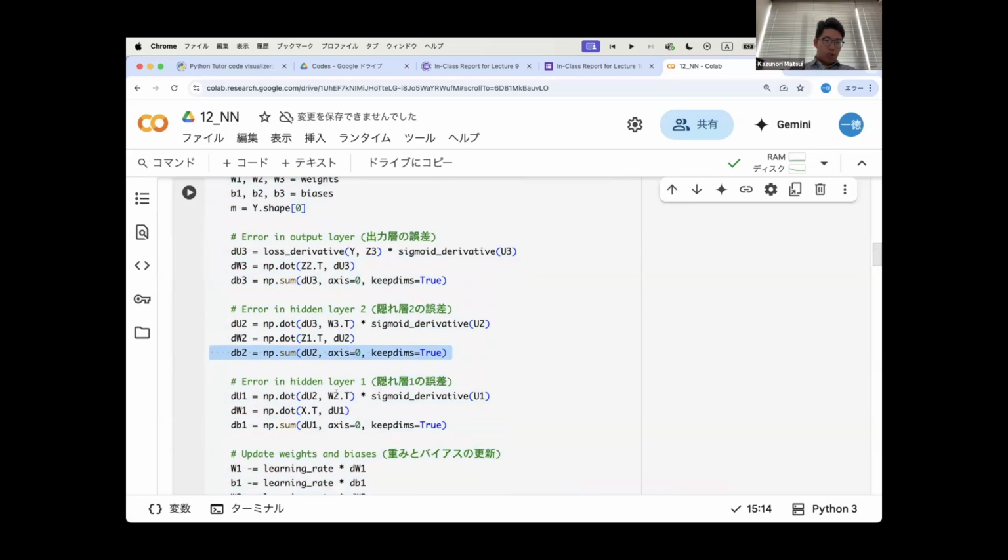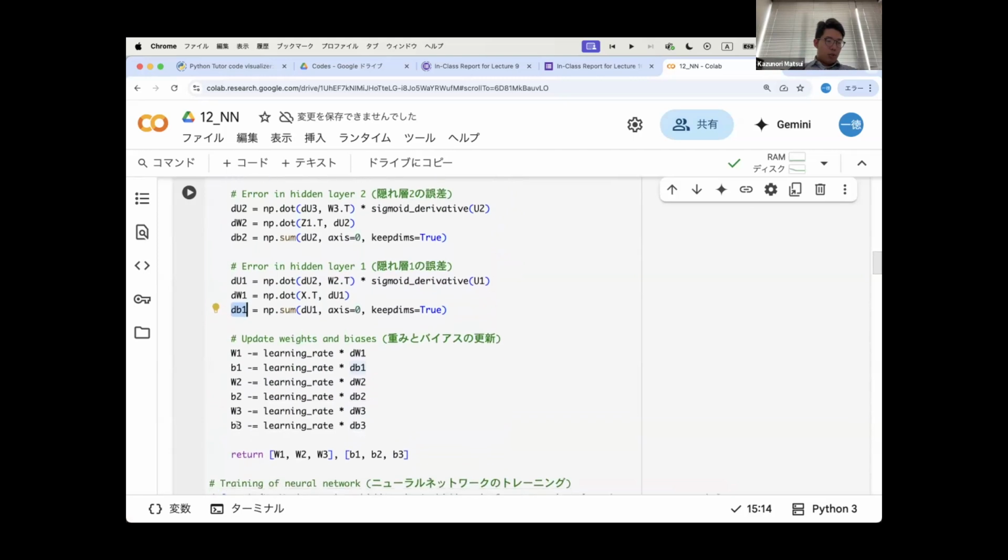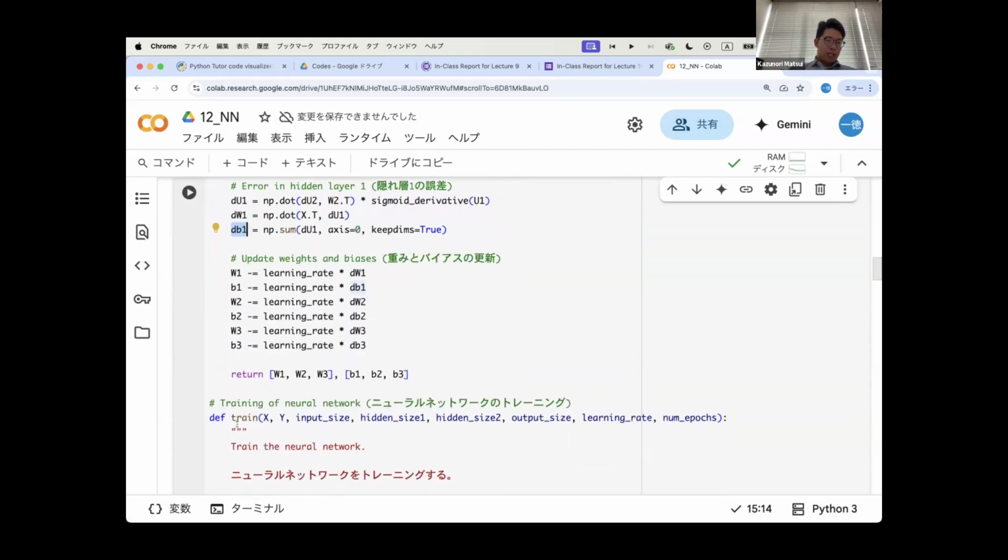Finally, we calculate du1, which corresponds to delta 1, and using this, we calculate the partial derivative with respect to W1 and the partial derivative with respect to B1. Once we know these, we know how to update weights and biases. So we update them according to the stochastic gradient descent method. By doing this, we get the updated results.